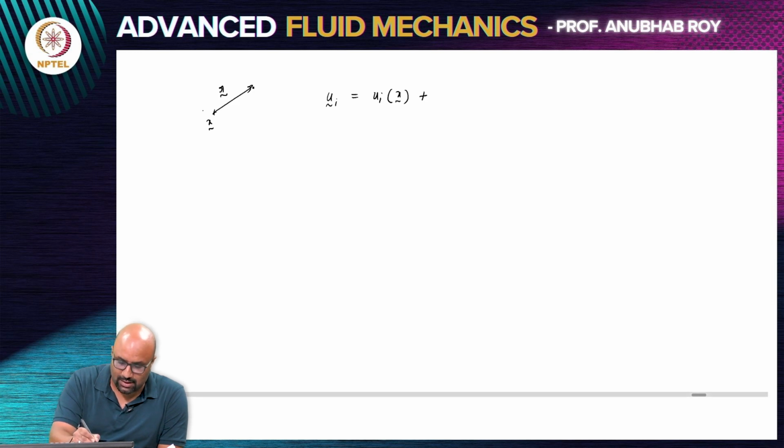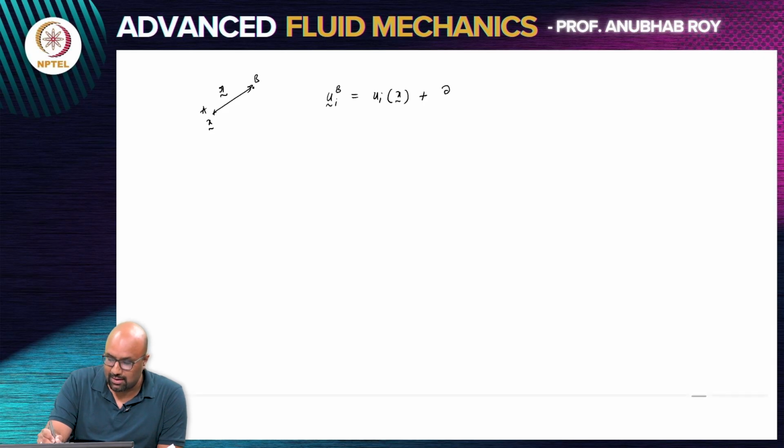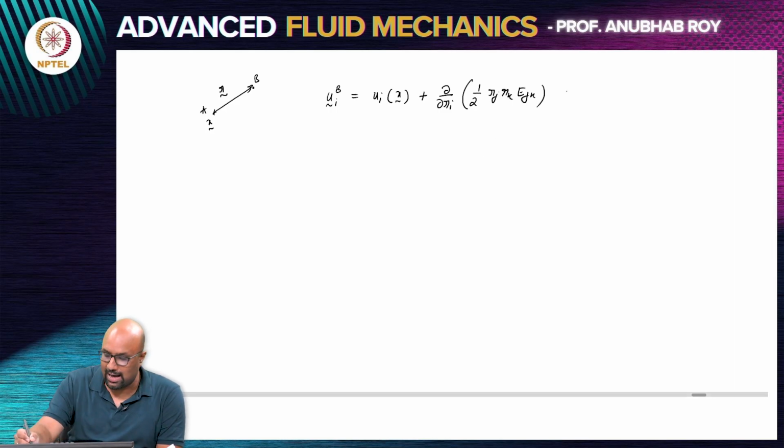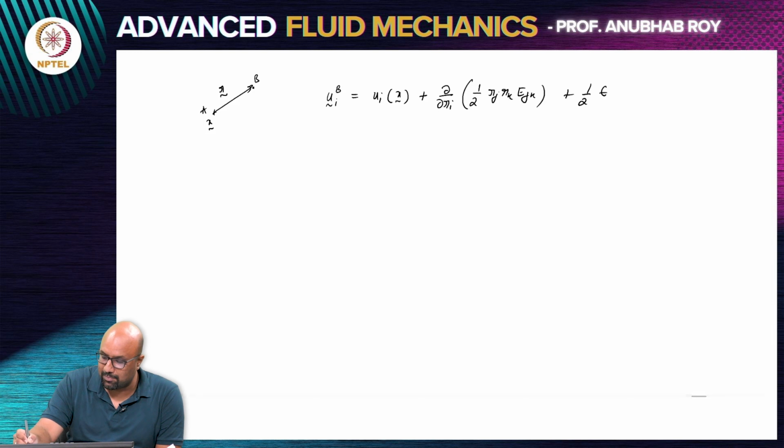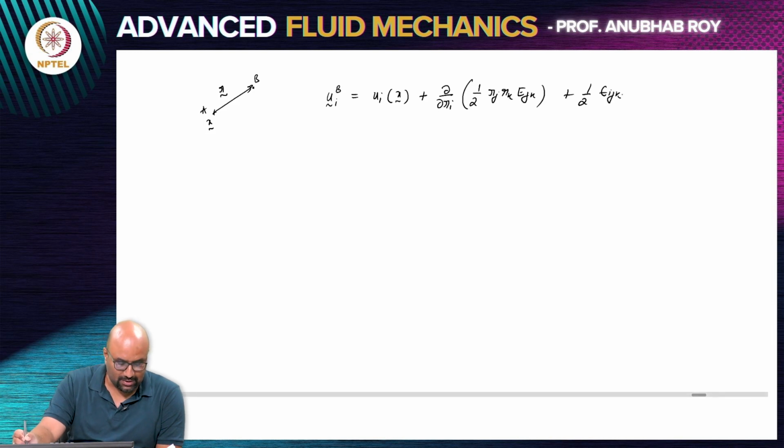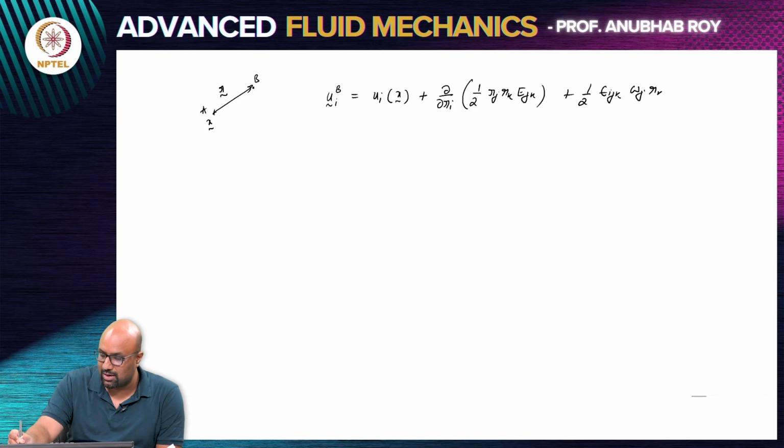Let's say this is the point A and this is the point B. So the velocity at point B will be expressed in terms of the velocity at point A, and then we arrive at the symmetric part, which is half R_j R_k E_jk, and the anti-symmetric part, which is half epsilon_ijk omega_j R_k.